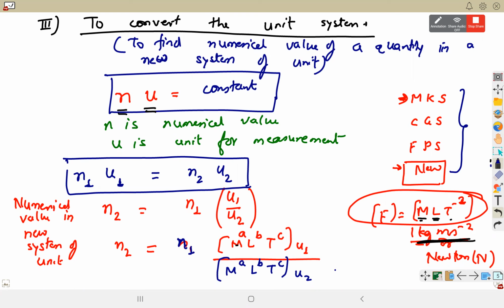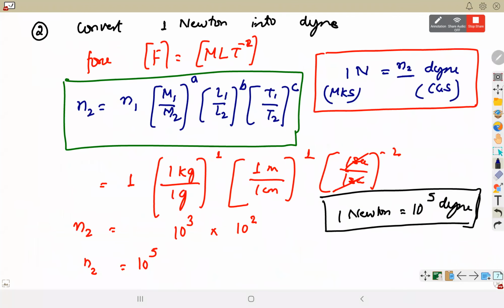So if we have to find the numerical value in the new system, then it will become numerical value in first system into unit of first system divided by unit of second system, and then we will use the conversion of one into another. So जैसे example लेते हैं, next example is, हम एक नई system of unit बना लेते हैं, a new hypothetical system of unit, neither MKS nor CGS nor FPS.